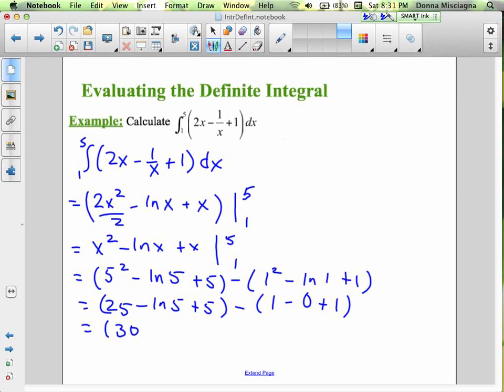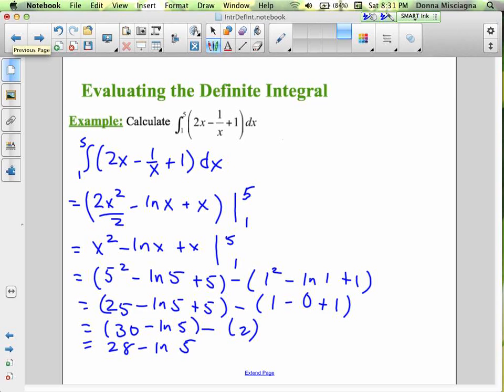And actually at this point, I'll leave the parentheses on for one more moment. 30 minus natural log of 5. And then minus, that would be 2. So that would be 30 minus 2, which is 28, minus the natural log of 5.